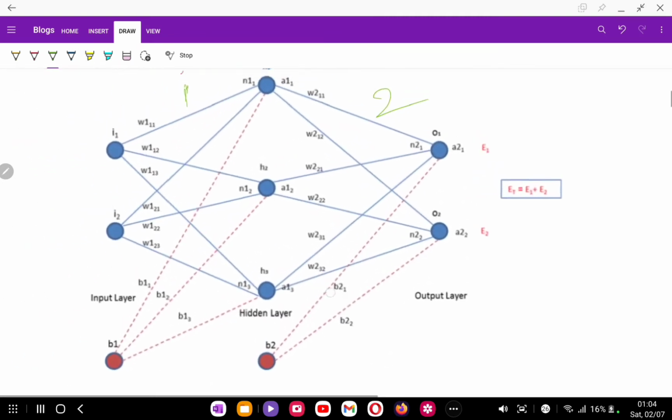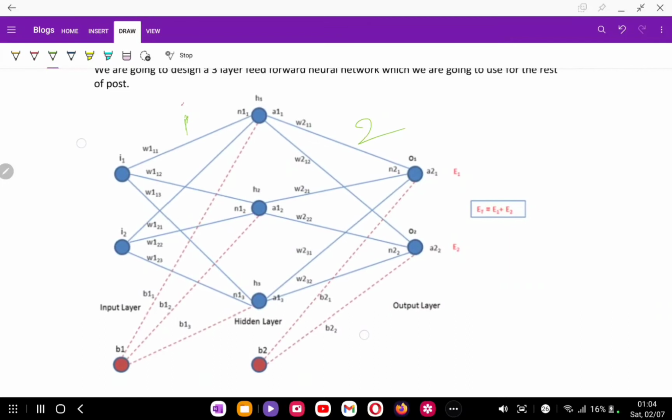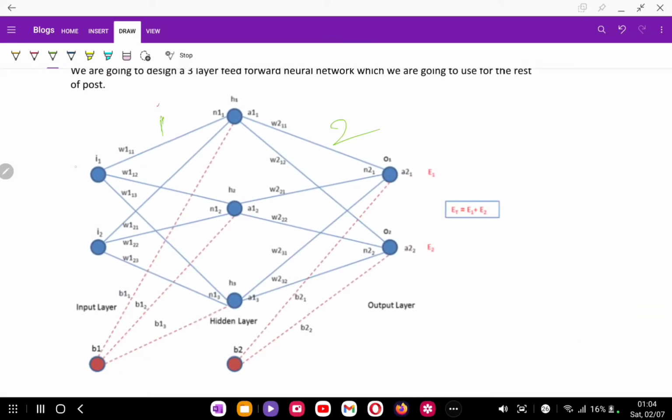It contains initially two nodes, I1 and I2, and three hidden nodes in a middle layer, and then the output nodes. So the network is 2 by 3 by 2.